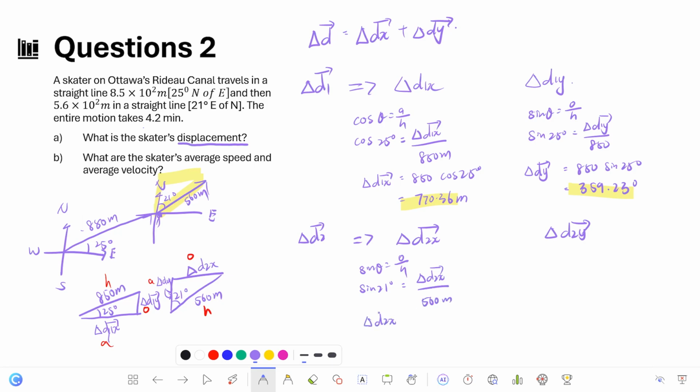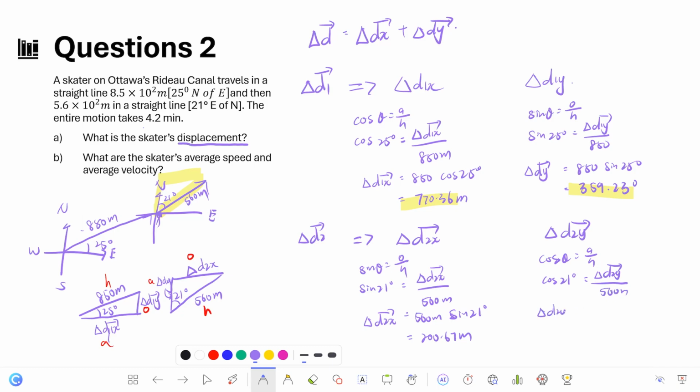So sine 21 is equal to d2x divided by the hypotenuse, 560 meters. So d2x is equal to 560 meters times sine 21, and the answer should be 200.67 meters. For d2y, we use cos theta equal to A divided by H. So cos 21 is equal to d2y, the vertical measurement, divided by H, where H is 560 meters.